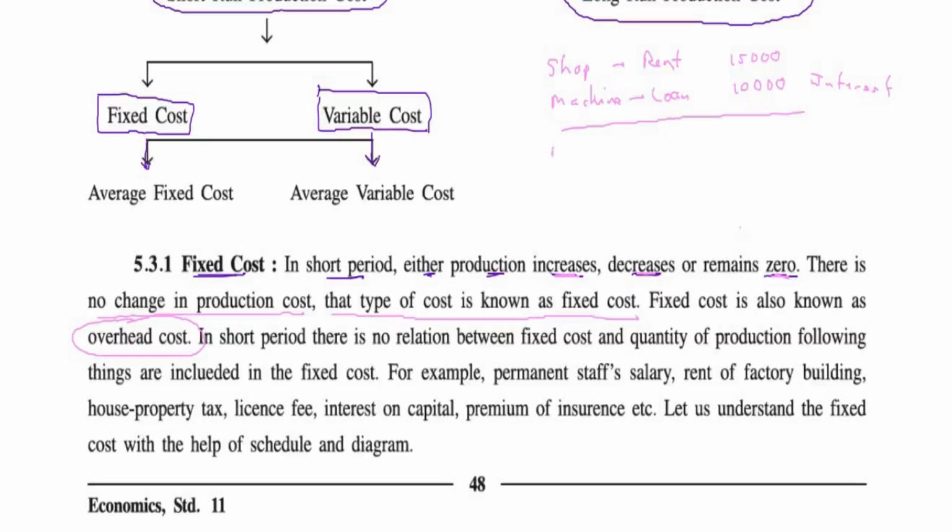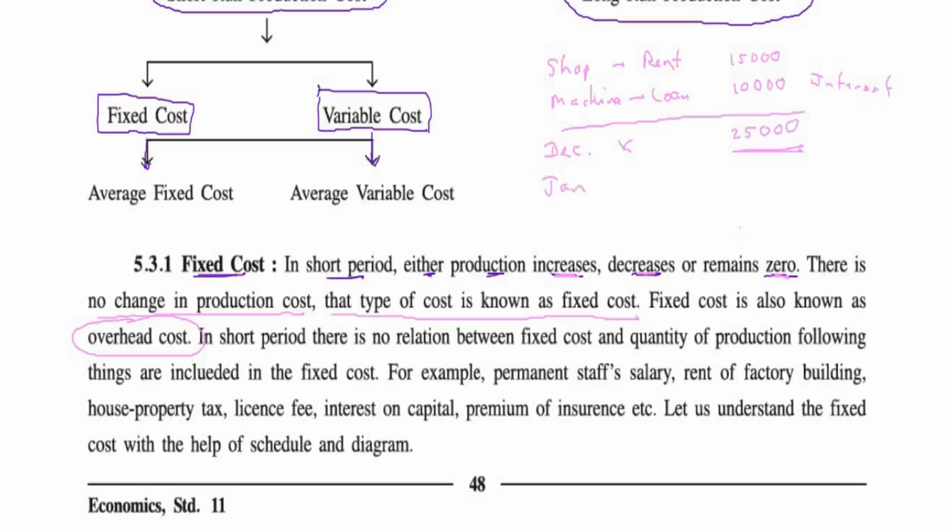Let's say the month of December your shop remains closed. Still these costs of 25,000 you will have to pay. The shop owner will not say, it's your brother's wedding, take a 15,000 waiver from my side. The bank will not say, no problem, one month's loan is waived from our side. They are going to collect it. So December also has 25,000 fixed costs.